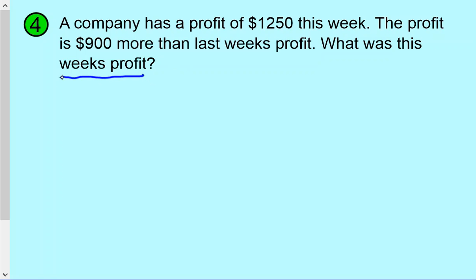I'm going to underline this question, and I'm just going to use the variable x here. Okay, now we have these two numbers. We have this week's profit, and we have this number that tells us the profit is $900 more than last week's profit.